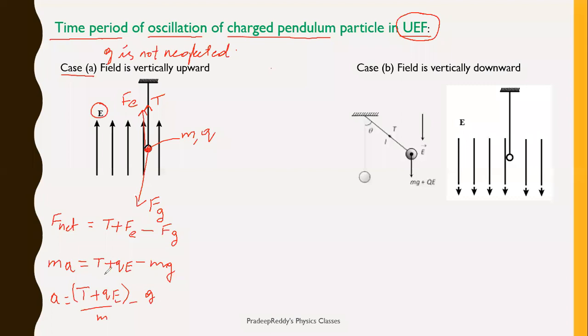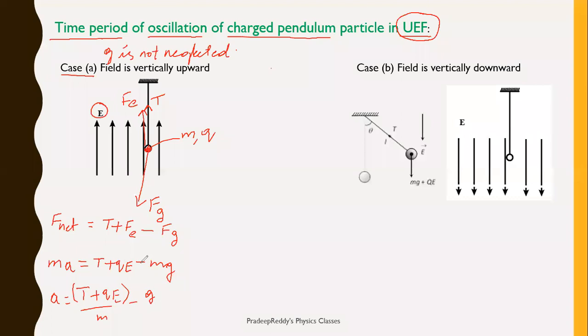However, in this particular example, I am considering that the pendulum is in the mean position. There is no oscillations. If there are no oscillations, then acceleration becomes zero. If acceleration is becoming zero, upward force and downward force both should be balanced with each other.